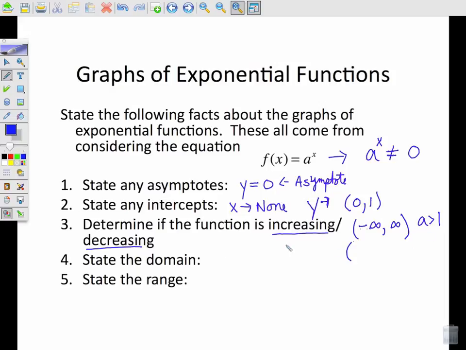And it decreases from positive to negative infinity as a is between 1 and 0. So this is for increasing, and this is for decreasing. And we can get all of this information from our graph. What's the behavior of the graph?